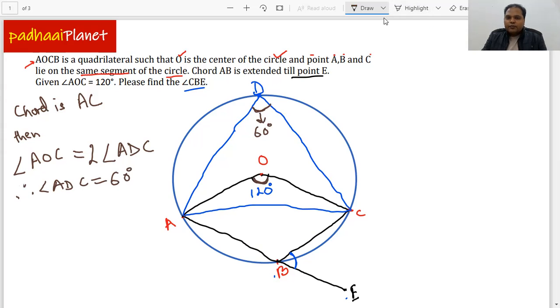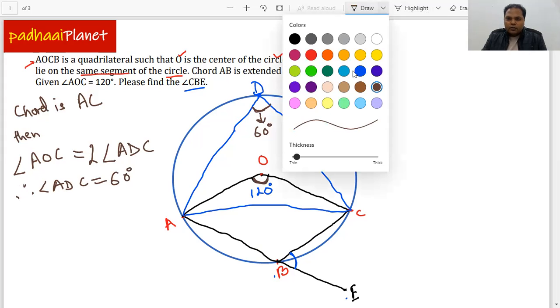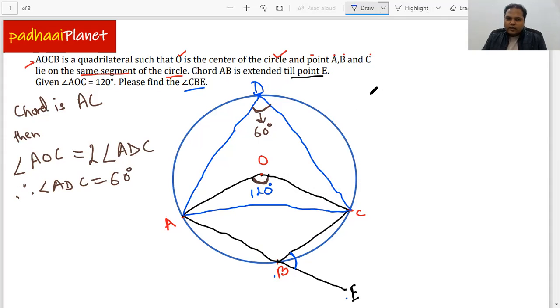So with the help of this theorem, we found this out, and now we will consider another figure, the quadrilateral which we have. We have one quadrilateral which is AOCB, but now I'm going to talk about quadrilateral ABCD. And this is a co-cyclic quadrilateral.